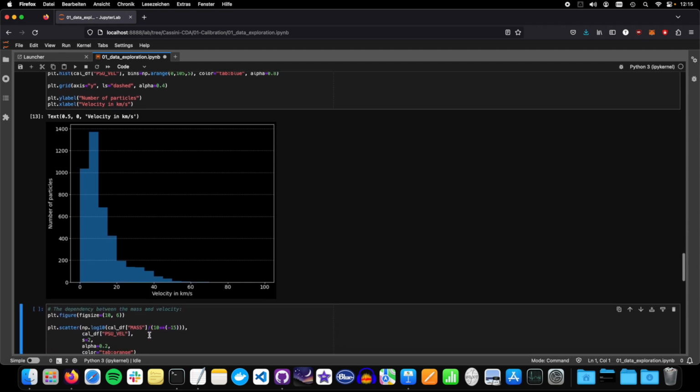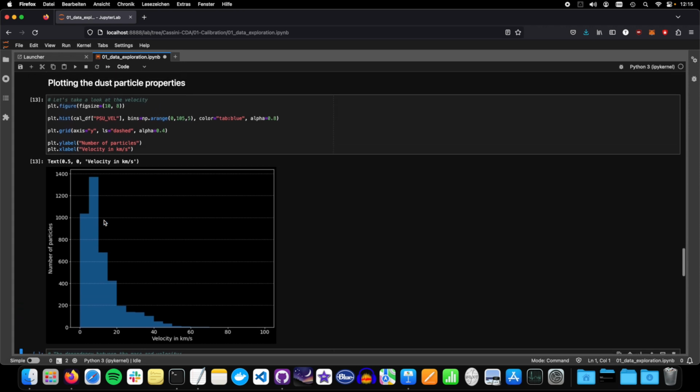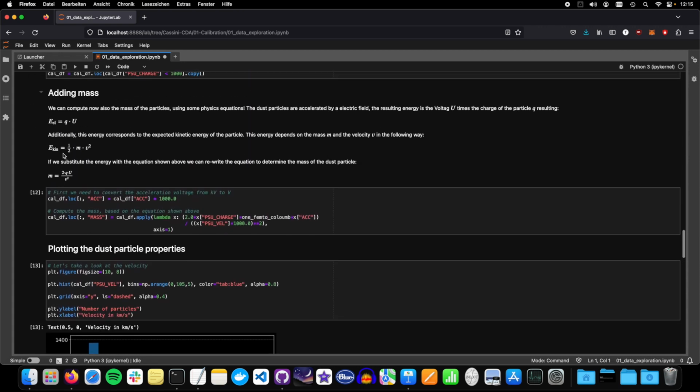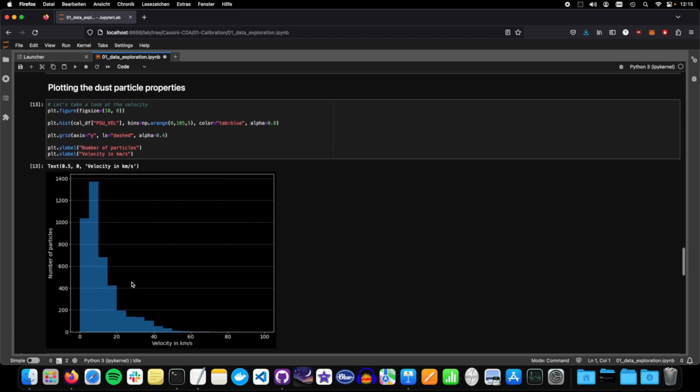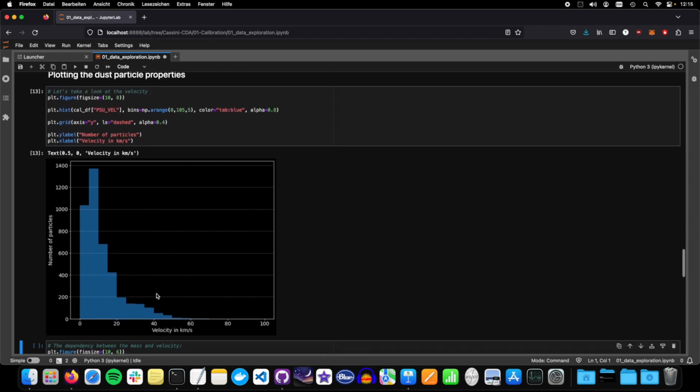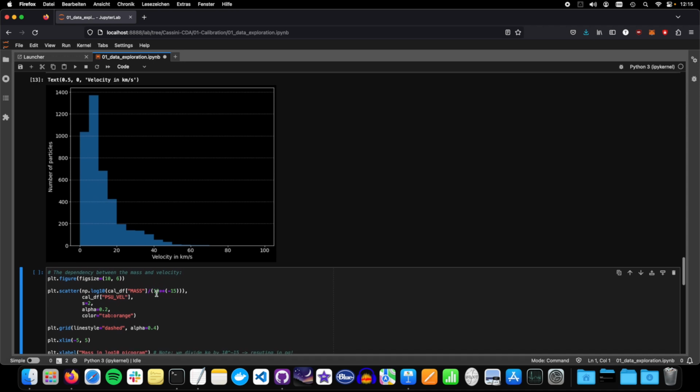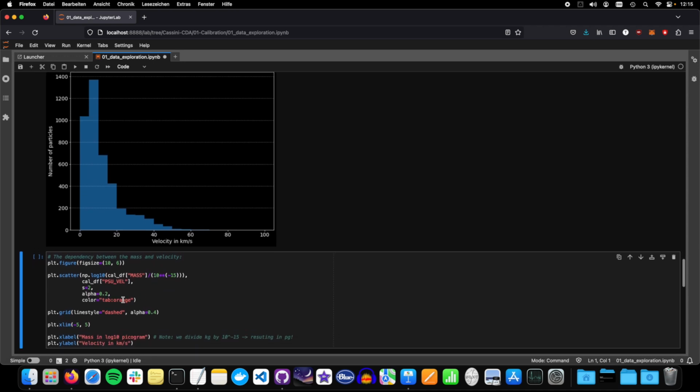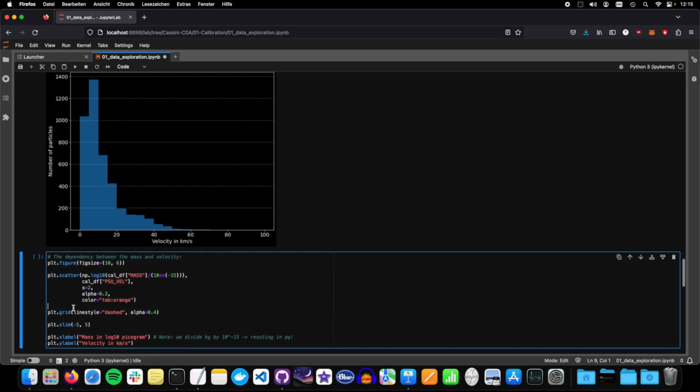But this is only one thing, because we know that the kinetic energy scales also with the mass and so on. So let's see if we have some kind of bias in our accelerator. And just a small spoiler, we have, and we can show it when we plot the dependency between the mass and the velocity.